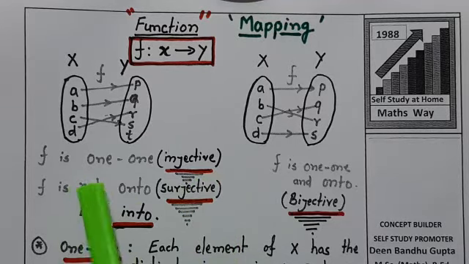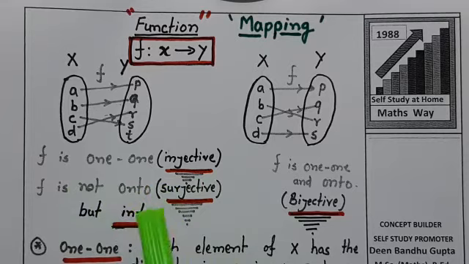And if the function is 1 1 and into, not onto, into and onto, here we see the term into and onto.